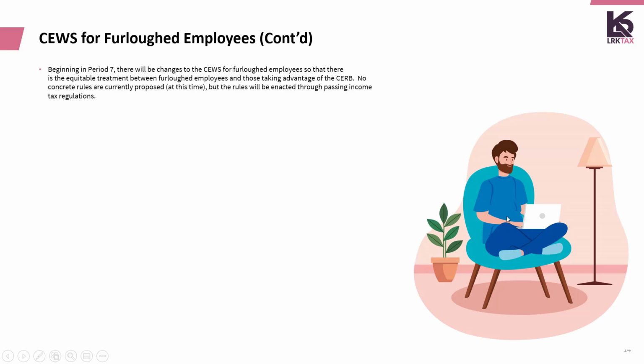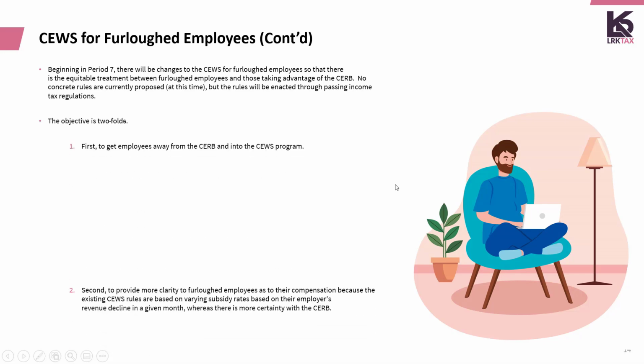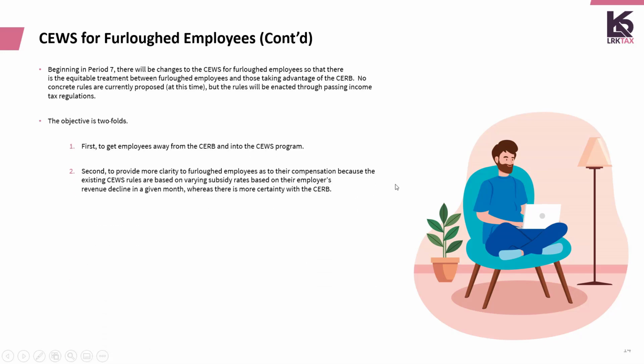Moving on, we've got our little guy here, our furloughed employee who's unshaven and chilling at home watching Netflix. He is going to be happy because this particular legislation is really intended to give them more certainty as to their compensation. Also, obviously, it ties them back to the employer, getting them away from the CERB.